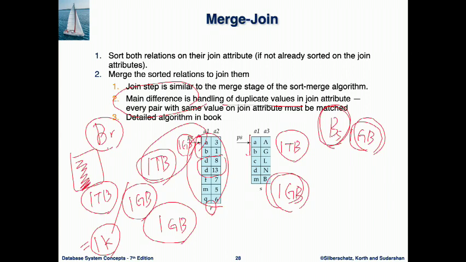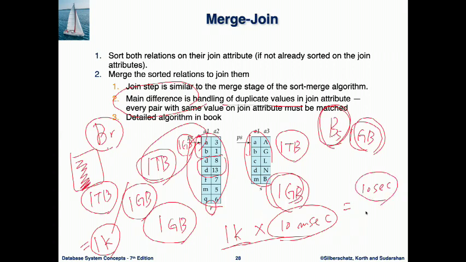So 1,000 disk seeks will be needed for this relation, and another 1,000 for S. If each disk seek is about 10 milliseconds, then that is just 10 seconds spent on disk seeks, so you can see that disk seeks are negligible.